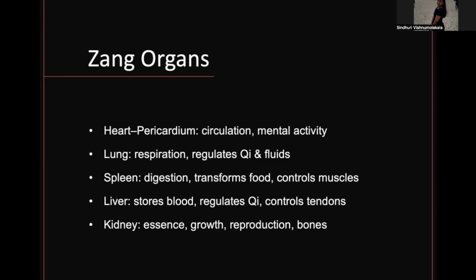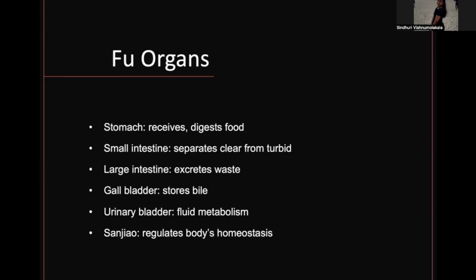Then comes spleen, which helps in digestion, transforms food, and controls muscles. And liver stores blood, regulates qi, and controls tendons. Kidney is the essence, so it helps in growth, reproduction, and bones.